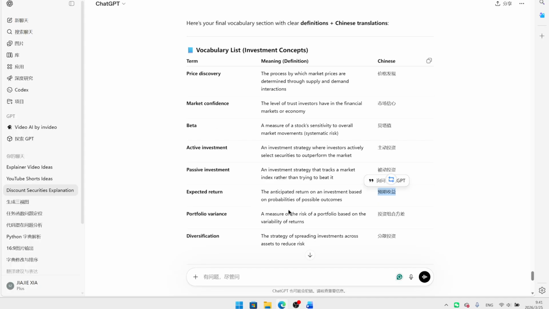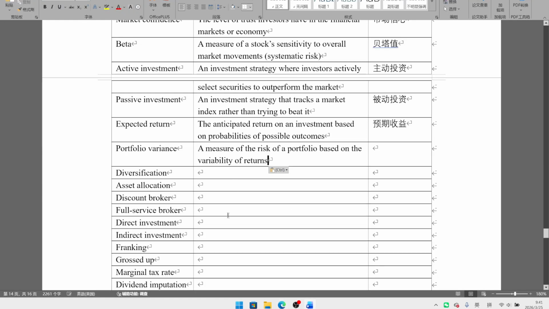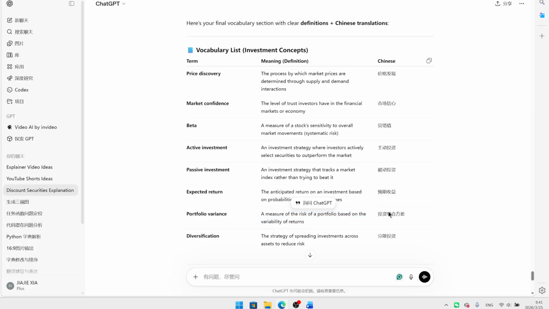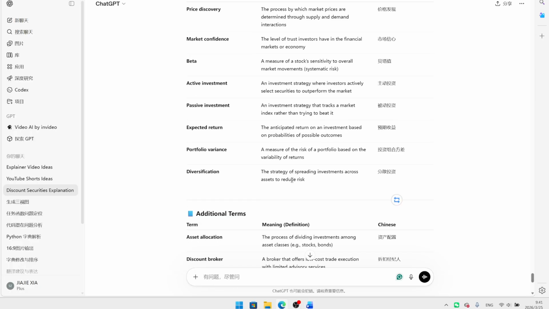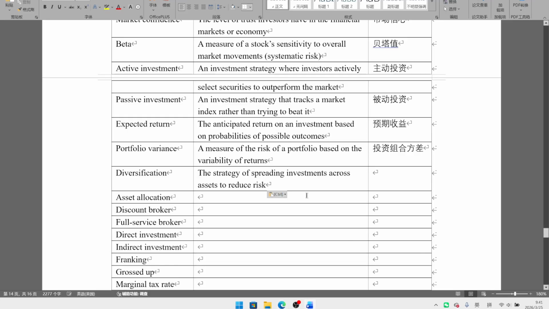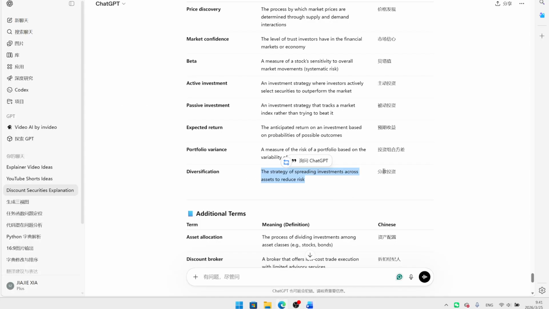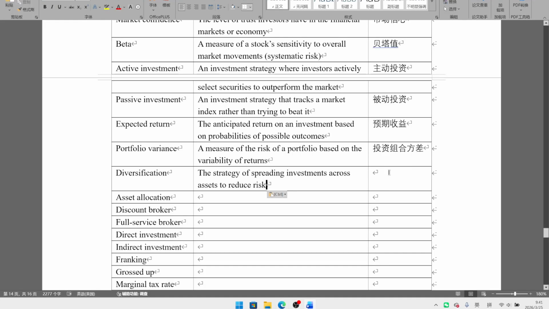And the portfolio variance is a measure of the risk of a portfolio based on the variation of returns. Diversification is a strategy of spreading investment across assets to reduce risk.